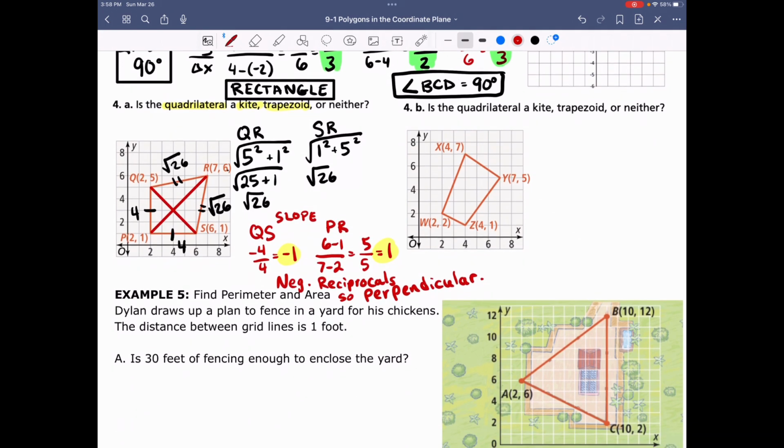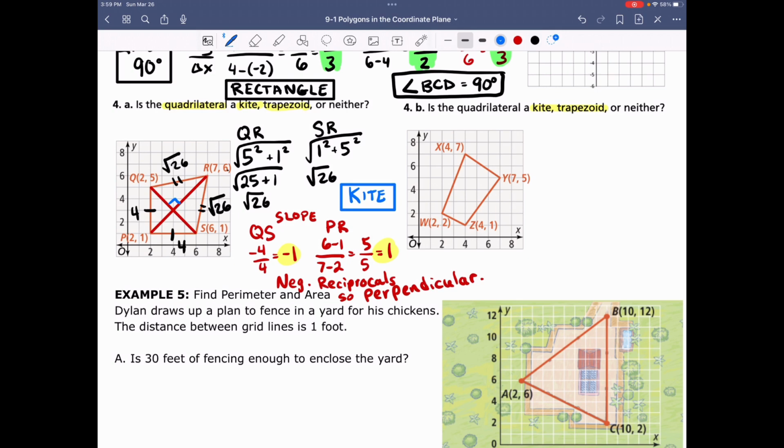For 4b, is the quadrilateral a kite, trapezoid, or neither? Same question. Oh, so we should have said back here that this was a kite. It's a kite because we proved it, saying that the diagonals were perpendicular and the sides were congruent.